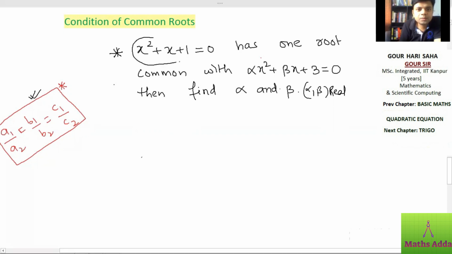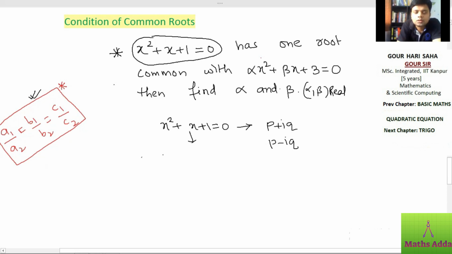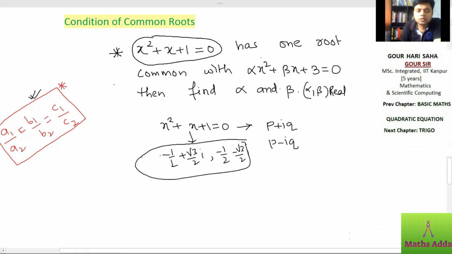I see x square plus x plus 1 equal to 0. If you look at its roots, they will be imaginary. So one root will be p plus iq, then the other will be p minus iq, right? I am not going to find it, you can very easily find the value also. The roots will be minus 1 by 2 plus root 3 by 2 i and minus 1 by 2 minus root 3 by 2 i, right?